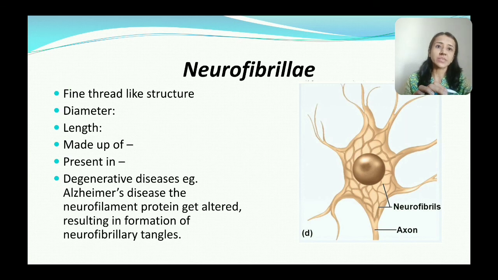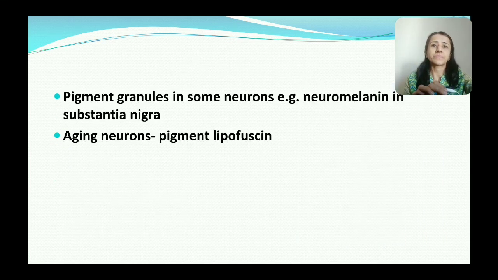In degenerative diseases like Alzheimer's disease, neurofilament proteins get altered and form neurofibrillary tangles. Certain pigment granules are present in some neurons, like neuromelanin in the substantia nigra. And with aging, lipofuscin pigment is present in the neuron.